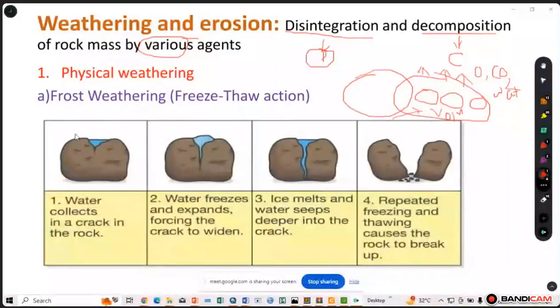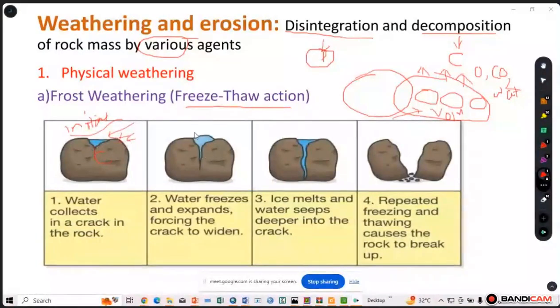First, we read about frost weathering. Frost weathering is also known as freeze and thaw action. What is freeze and thaw action? Suppose this is a rock, the initial stage. Suppose a crack developed in the rock. Water percolates through this crack.